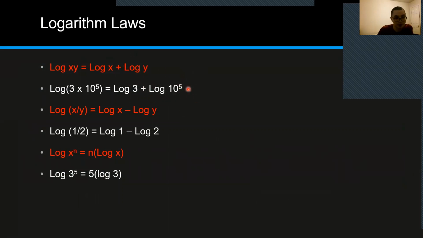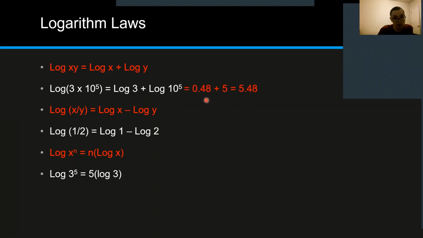But for this case, there's no point because we know log of 10 to the anything is just that anything. So we can evaluate the second term very easily. With log of 3, we simply just have to memorize this. So you can use 0.48 or 0.5. But now that we know that log of 3 is about 0.5 and we know this is 5, we can evaluate this.